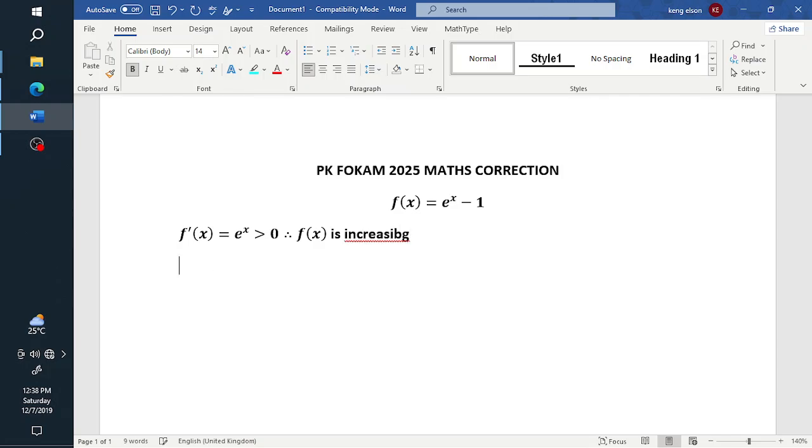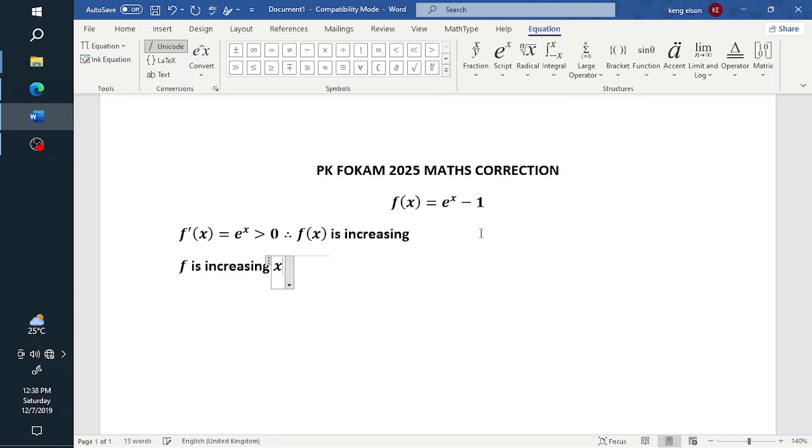Is it okay? Now let me give you another definition of an increasing function. In layman's terms, f is increasing means that as the values of x are increasing, the function itself is increasing. Whenever x is less than x prime, f of x will also be less than f of x prime.